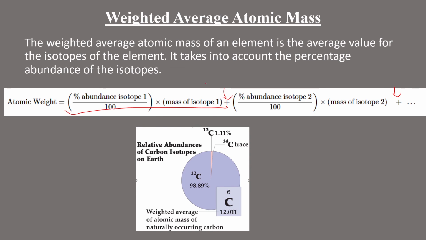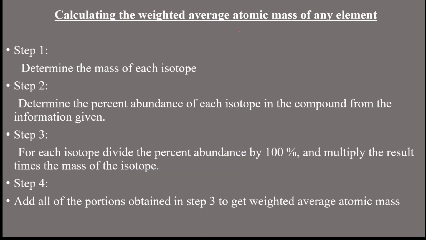The average atomic mass of an element can be found on the periodic table, typically under the element symbol. Let's calculate the weighted average atomic mass of an element. In order to do that, we have a few steps. Step 1 is to determine the mass of each isotope.